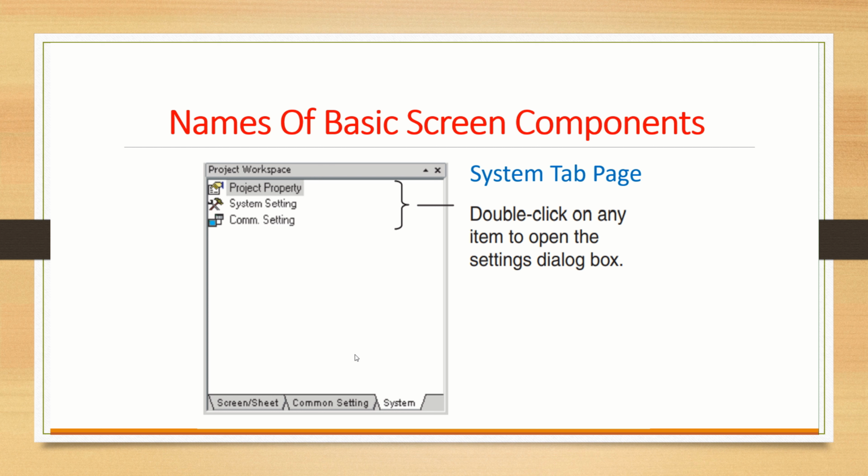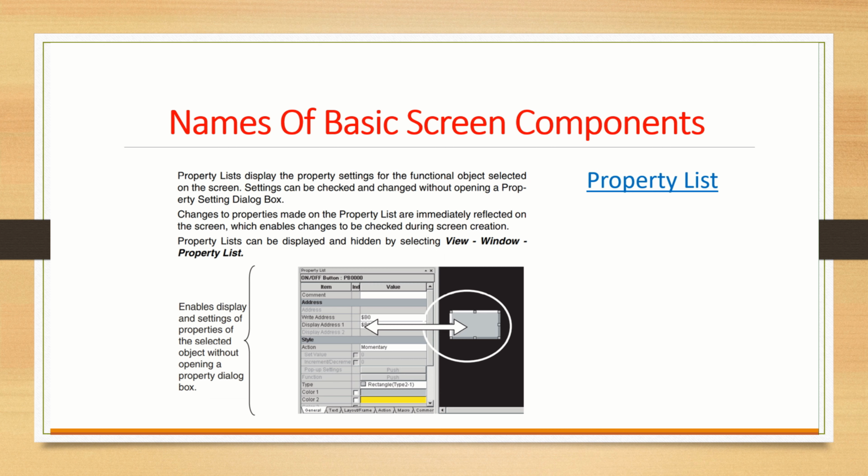On the System tab page, we can find the project property, system setting, and communication setting. The property list enables the display and setting of properties of the selected objects without opening a property dialog box.